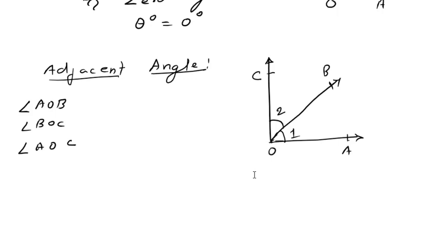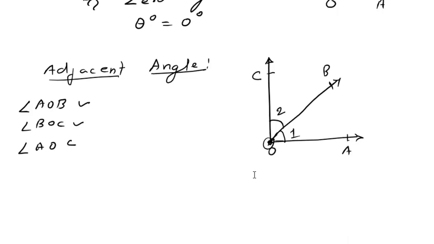Now this angle AOB and angle BOC, we call them adjacent angles, and we define adjacent angles as two angles which have a common vertex. So if this point is called vertex, two angles having a common vertex and one common ray or one common arm, and other two rays on either side of the common ray.